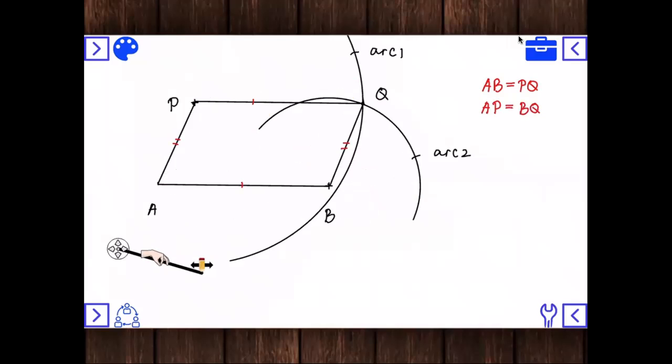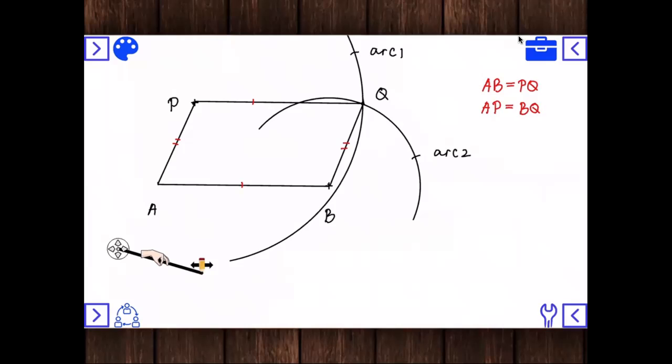Okay. I'm not sure whether you guys have learned anything about parallelograms, okay? Because this has something to do with the properties of parallelograms. If you have, then it's good. If you haven't, it's okay, don't worry. Let me tell you that, okay?